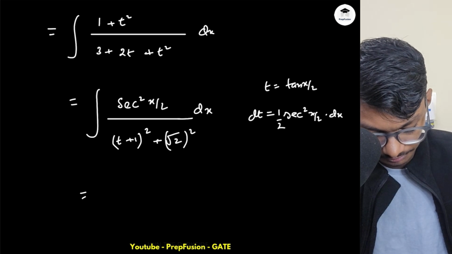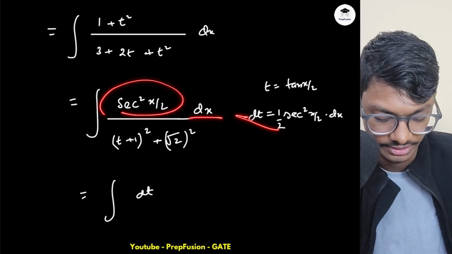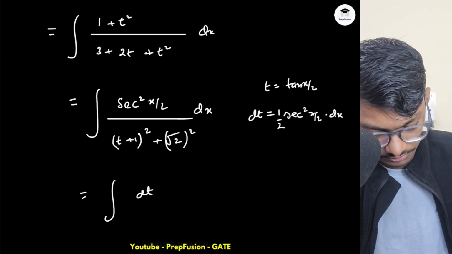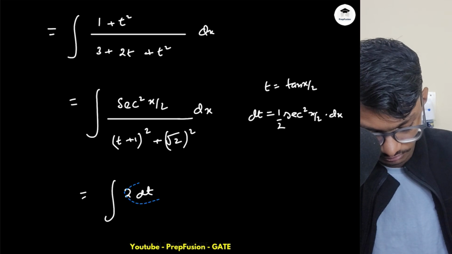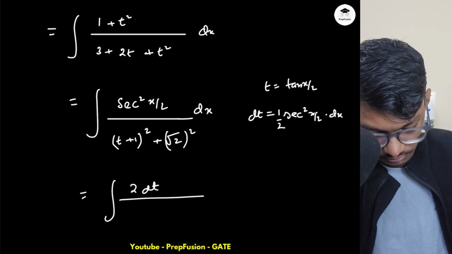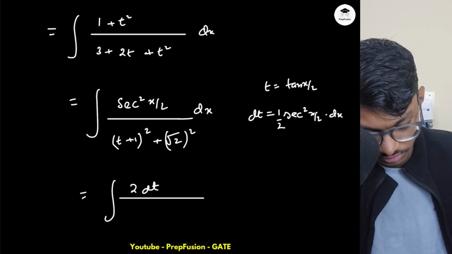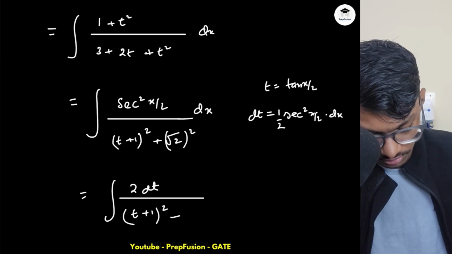So this will be simply dt, also a 2 will get multiplied because I just have sec square x by 2 into dx, I don't have an extra 2, so 2 will get multiplied. Now this I can write as t plus 1 whole square plus under root 2 whole square.